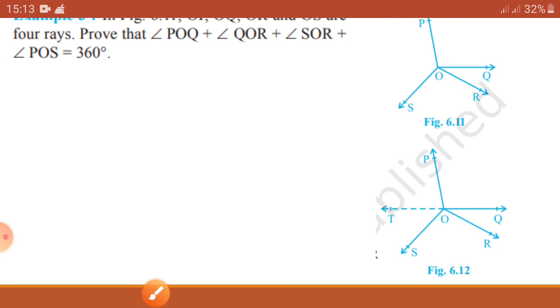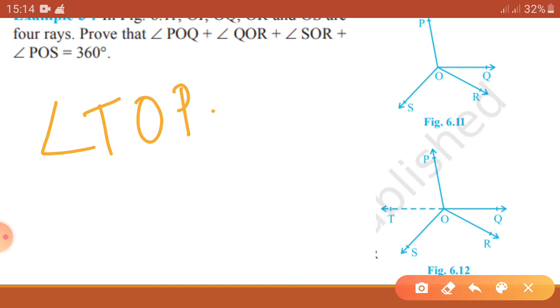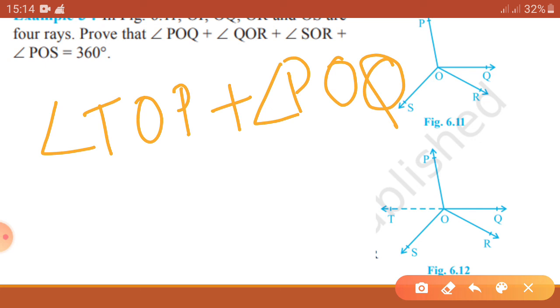If we extend the line QO to T, then in this figure you can say that ray OP stands on line TOQ. Therefore angle TOP plus angle POQ, which are a linear pair, is equal to 180 degree. So you can write it as 180 degree by using the linear pair axiom.